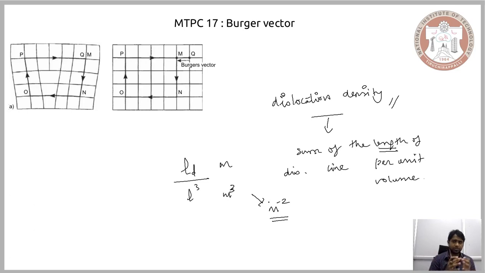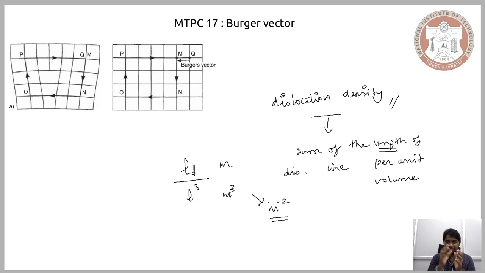So in the subsequent lectures, wherein we will be talking about the increased plastic deformation in the material, we will be considering dislocation density. So dislocation density is nothing but the summation of the lengths of the individual dislocation lines per unit volume of the material. The other way of calculating the dislocation density is by counting the number of dislocations in a surface. You consider a surface within the material and you count the number of dislocations.